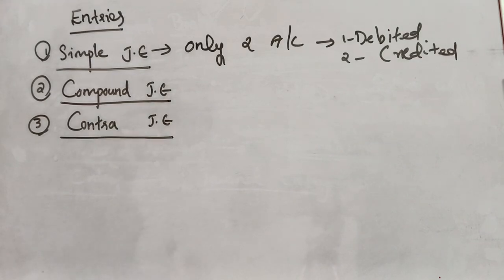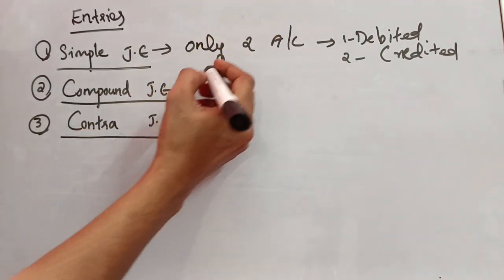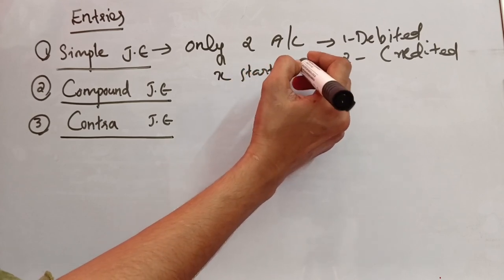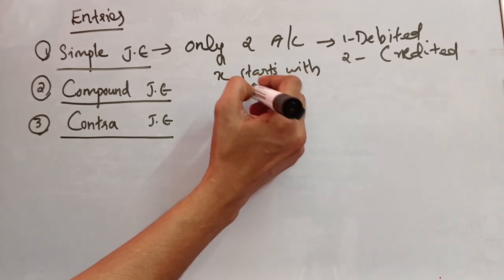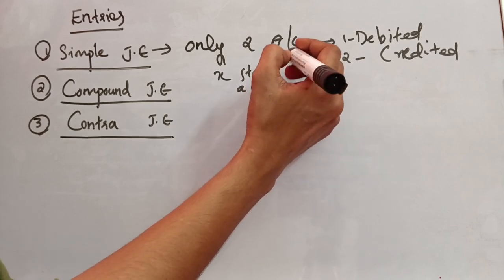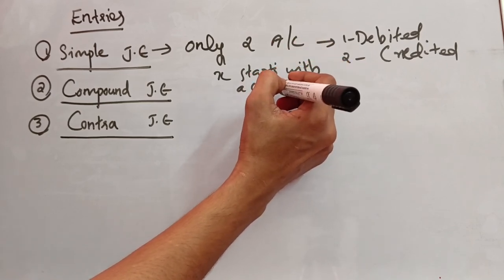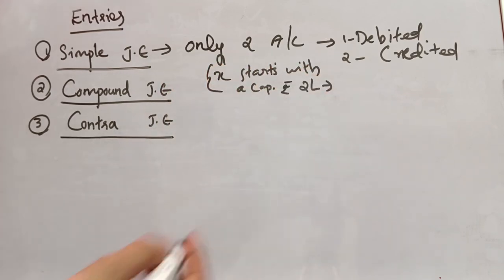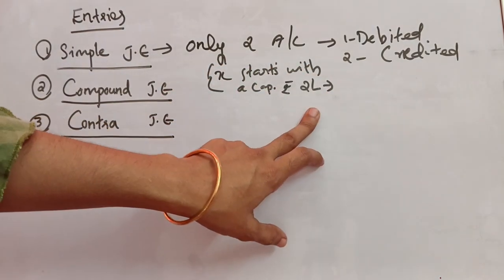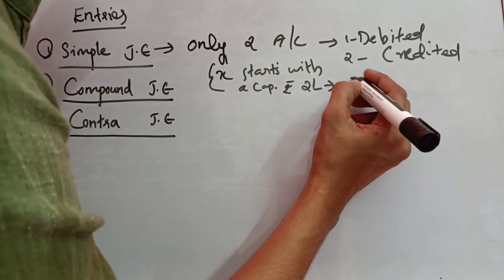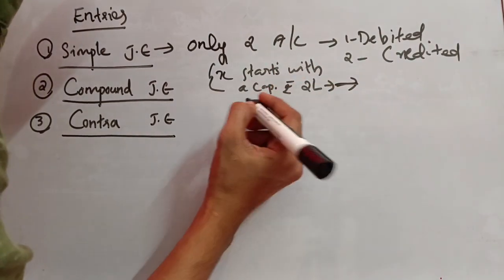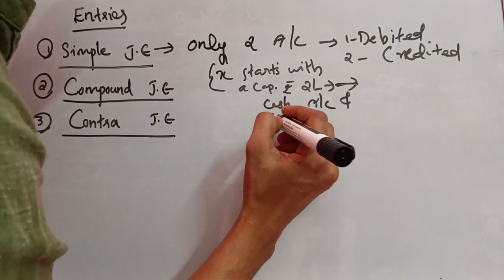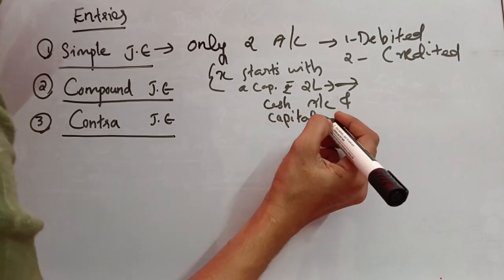For example, X starts a business with a capital of rupees 2 lakh. Here X contributes his capital of rupees 2 lakh. The two accounts involved are the cash account and the capital account.